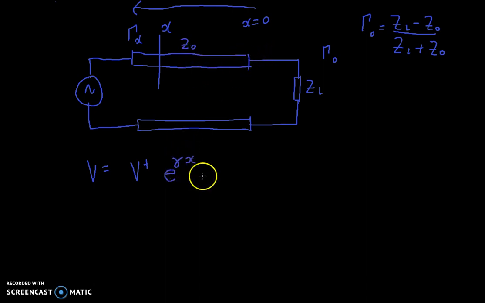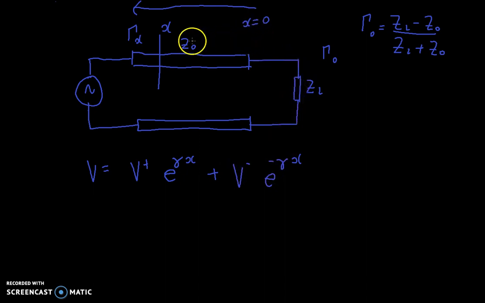Okay, so now let us add the reflected voltage. Remember, we have a reflected voltage V minus that goes from right to left. So this is going to be V minus times the exponential of minus gamma times x. In the same way, at x equals 0 the exponential is equal to 1, and we are just left with V minus. We're going to talk about what V minus is in just a moment.